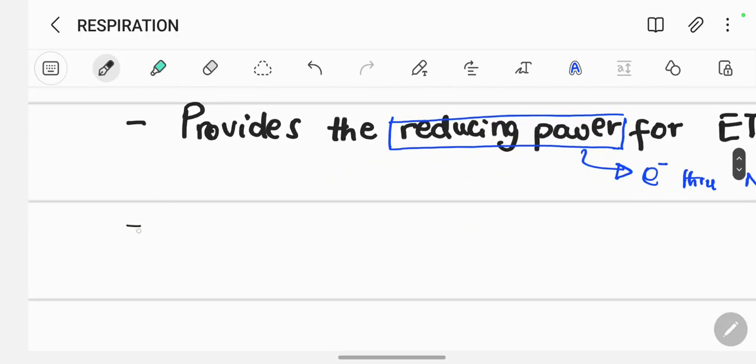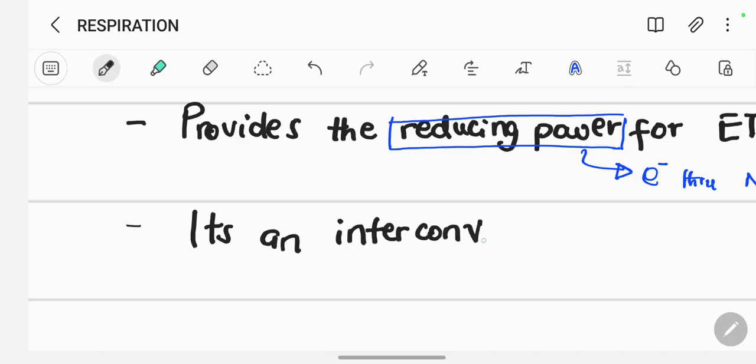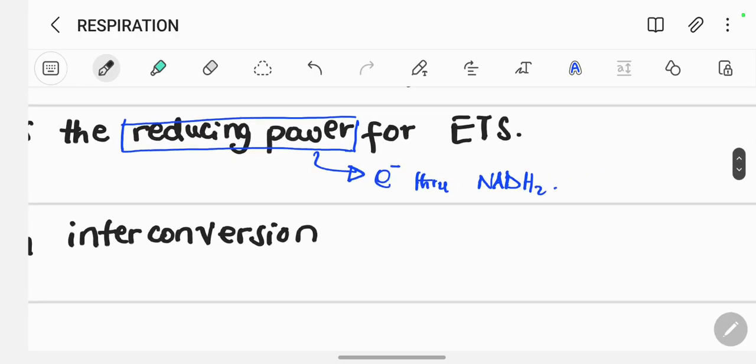Then our other importance is it's an interconversion center. So what do I mean?